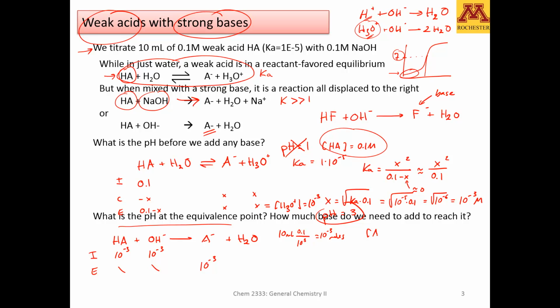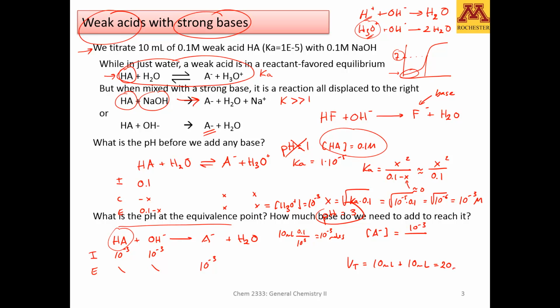So the concentration of A negative is 10 to the negative 3 moles, because all the initial HA is now in A negative, divided by the total volume. Notice that the total volume is 10 milliliters plus the 10 milliliters of sodium hydroxide that I added necessary to neutralize this.